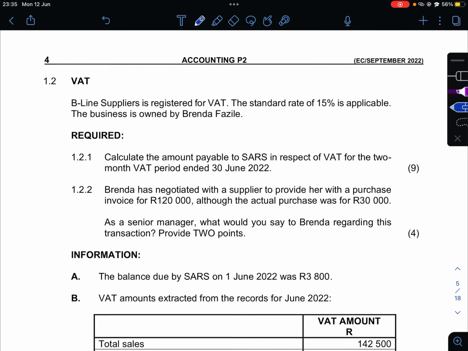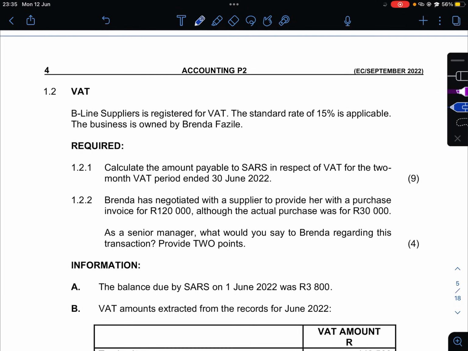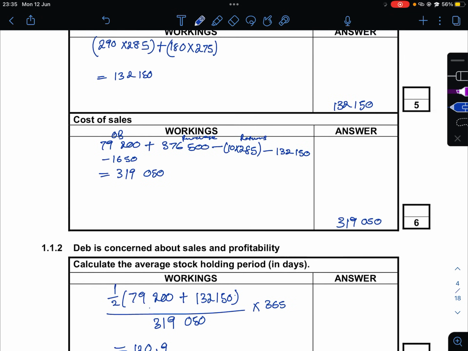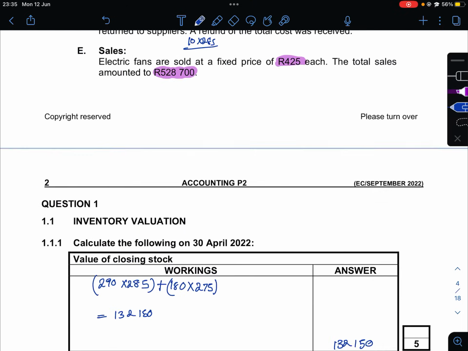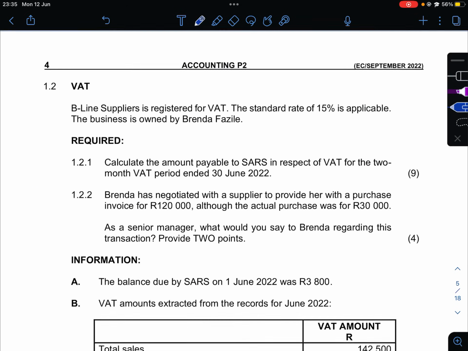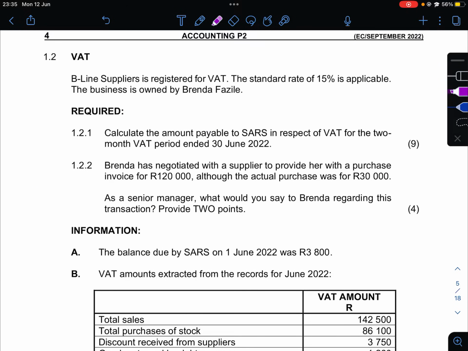All right, and then now we go to VAT 1.2. Okay, so let's see what other information we have on VAT. All right, so it says here, Beeline Supplies is registered for VAT, and standard rate of 15% is applicable. The business is owned by Brenda Fazile.